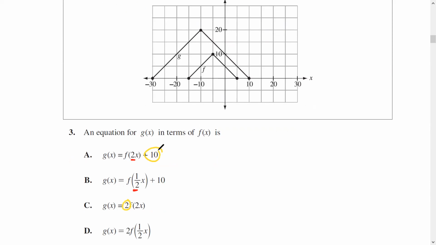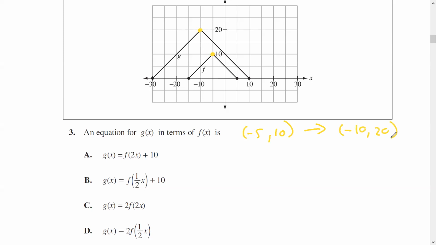To do that, we might have to look at a couple different points. I'm going to start by looking at this point. That's the point (-5, 10). That point becomes this point up here, (-10, 20).